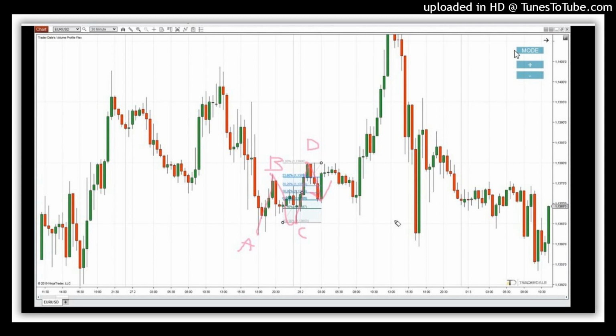This swing point is A, this one is B, this one will be C, and in here where the price hits this level, it will be the D, and you will go long from there. Alright? A, B, C, D, and a long.